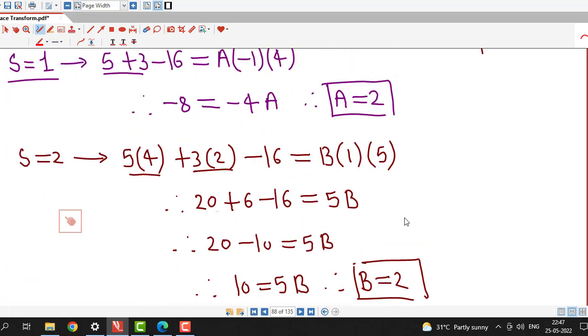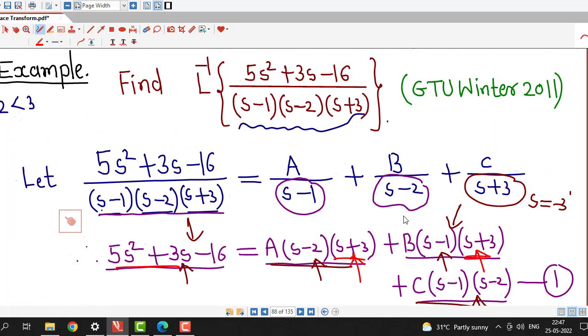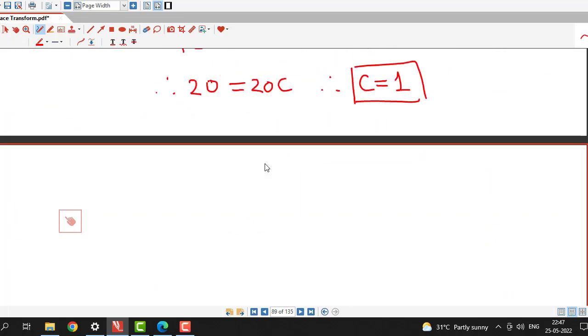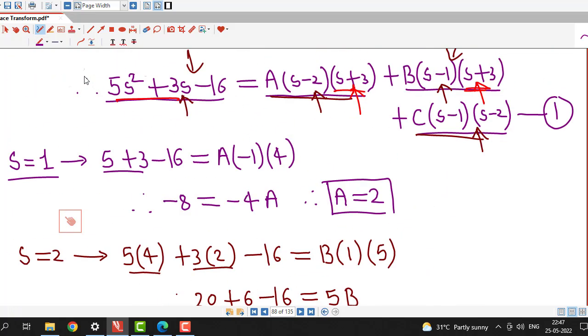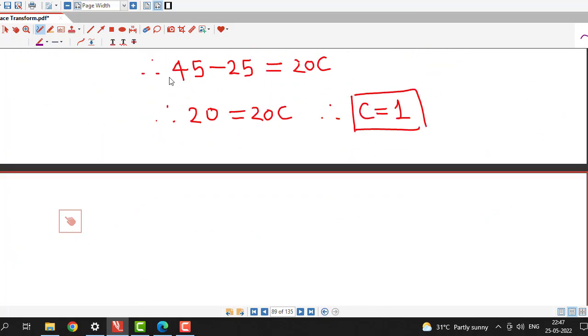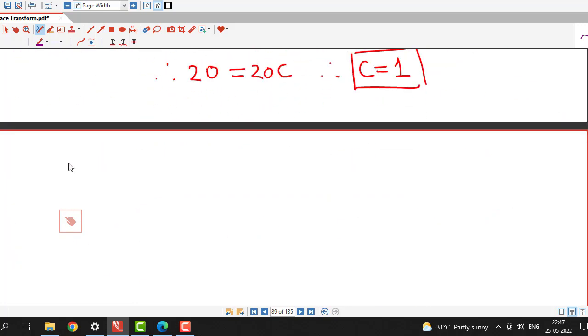So once we obtain values of these constants, we substitute them here, and we have converted our function in terms of those functions whose formulas for inverse Laplace transform are known to us. Left hand side is 5s square plus 3s minus 16.